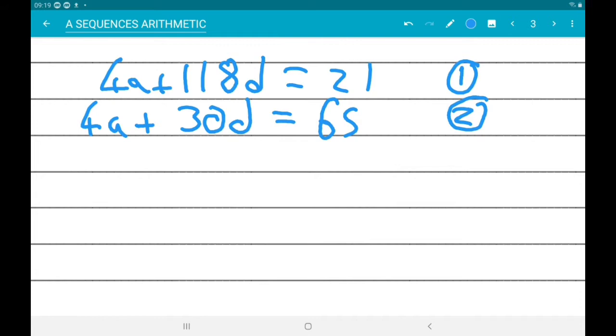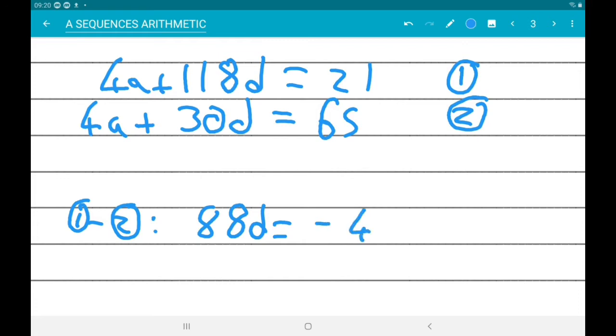So if we do 1 minus 2, we are going to get 88d is equal to minus 44. So that tells us d is minus 1/2.